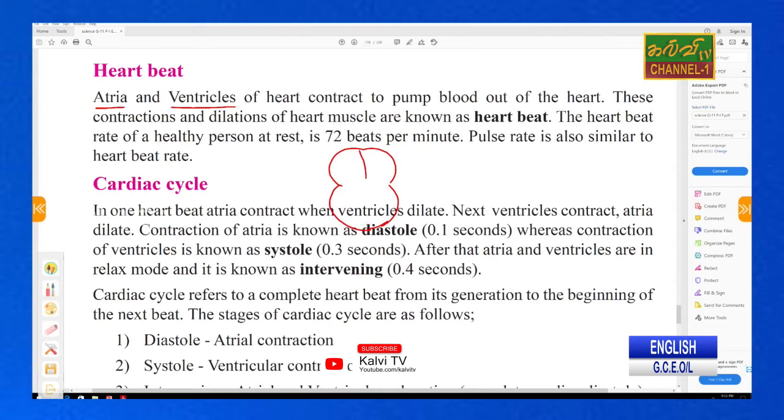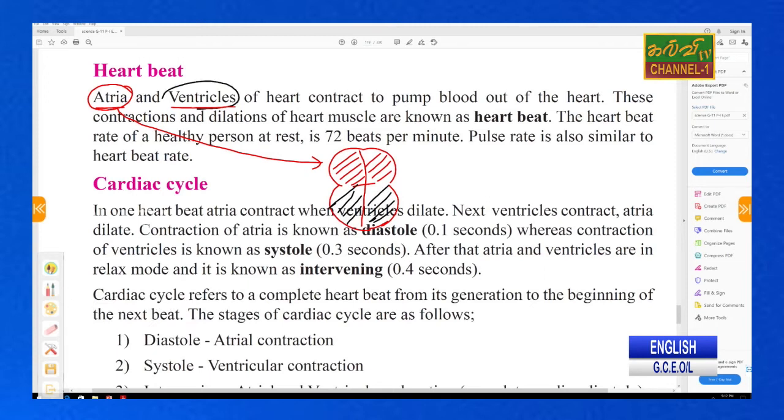This is atria, meaning this part. The upper part is considered atria. Ventricle means the lower part. This is ventricle. Contract means it is going to contract like a pump, no? So this is contract. It's becoming small, right? That is called contract.